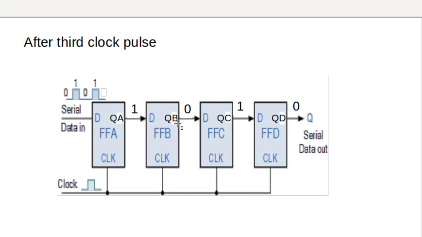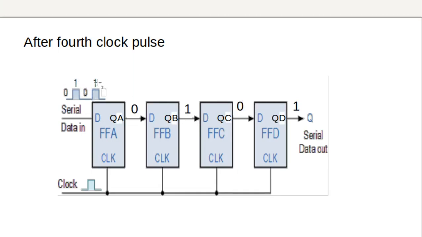Now we have to apply one more clock pulse, that is the fourth clock pulse. After the application of the fourth clock pulse, this 0, the final 0, is reaching the output of the first flip-flop, and the 1 which was here is now shifted to this point, that is this 1 of the input reaches here, and this 0 you can see here, and this 1 is here.